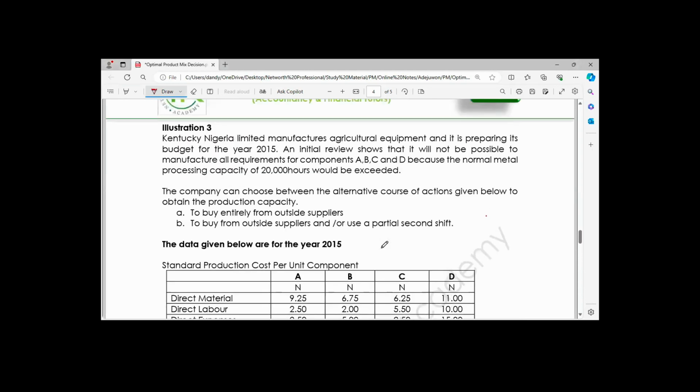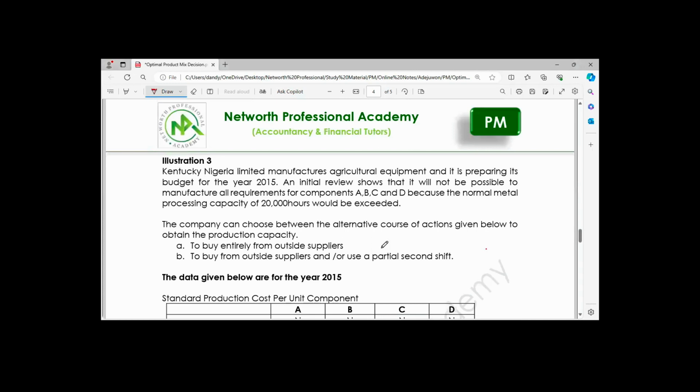How would you know it's a limiting factor? The examiner has also told you in the first paragraph that the normal metal processing capacity of 20,000 hours will be exceeded. What they have, the normal metal press hours available in this organization, is 20,000 hours. So if that is the case, what are you supposed to do?